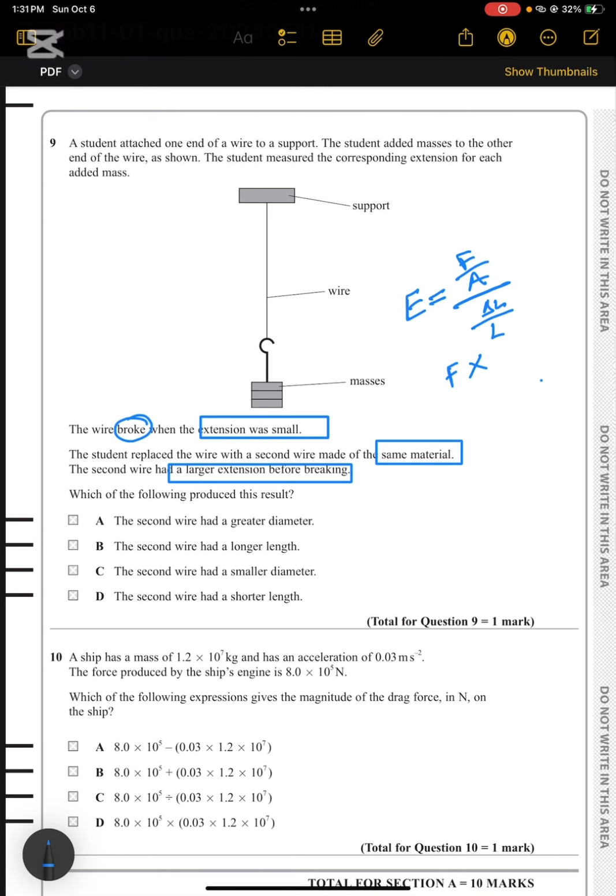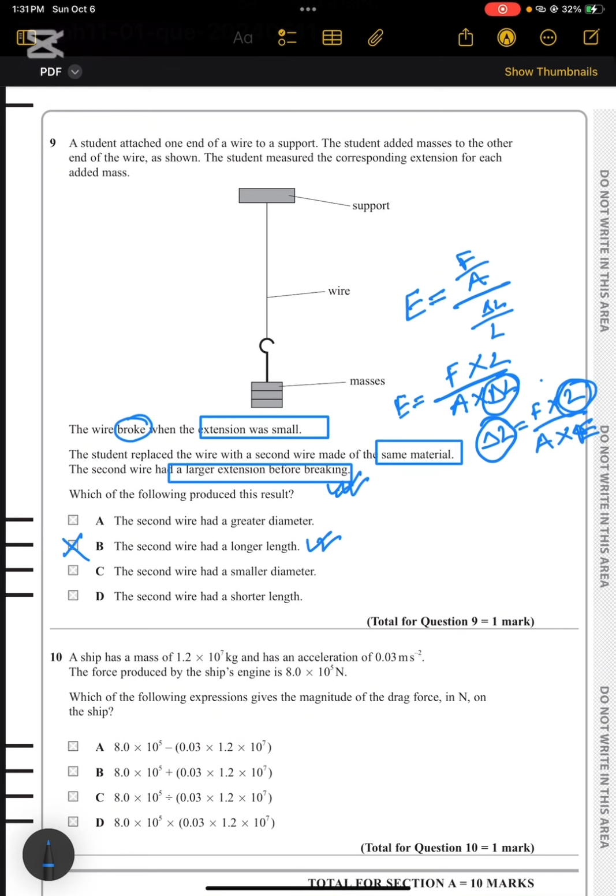This can be written as E equals F into L divided by A into delta L. If we make delta L, the extension, the subject, it is F into L divided by A into E. So this extension is directly proportional to the original length. As the extension has increased, we can say the original length was greater. So the second wire had a longer original length. That's why the extension was greater.